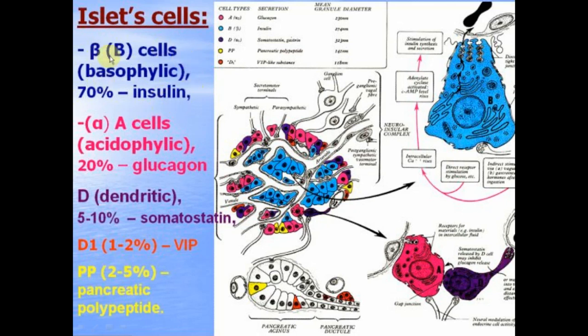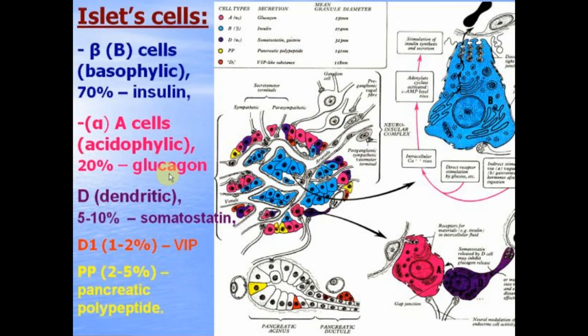Alpha or A cells, acidophilic, compose 20% of cells of islets. They are located at the periphery and produce glucagon. Glucagon acts in the opposite direction to insulin. It increases the level of glucose in blood because it stimulates formation of glucose from different sources and stimulates breakdown of glycogen to glucose.